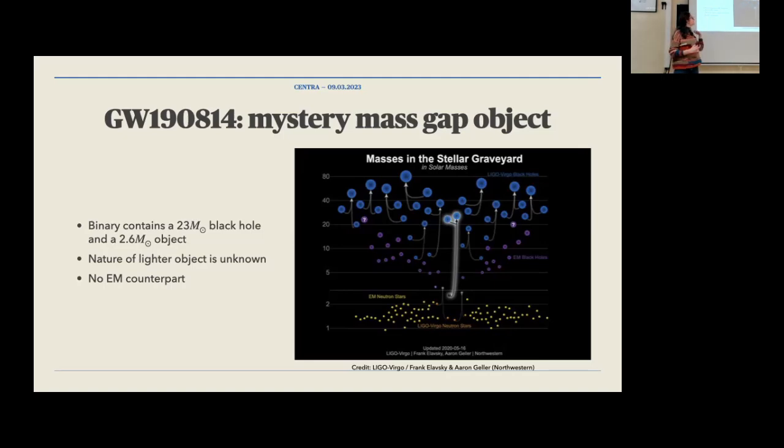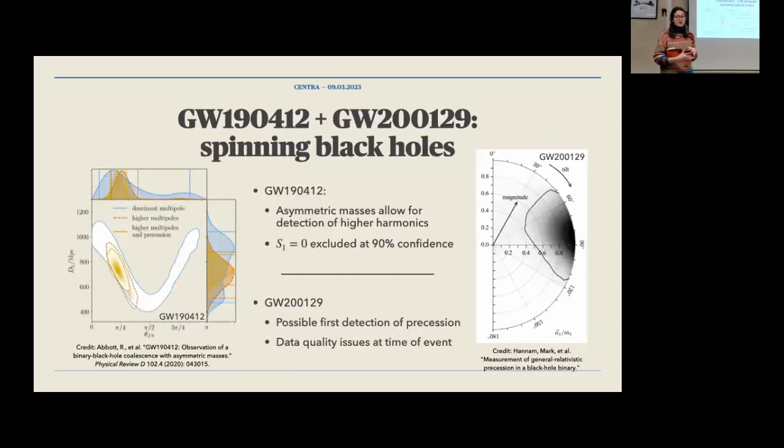Particularly interesting for this system, we didn't detect any evidence of spin. So this is one of the few systems where we've been able to make a conclusive statement about the properties of the black holes, and they weren't spinning. So that's interesting. But then we do also have another two observations where we have seen some spin.